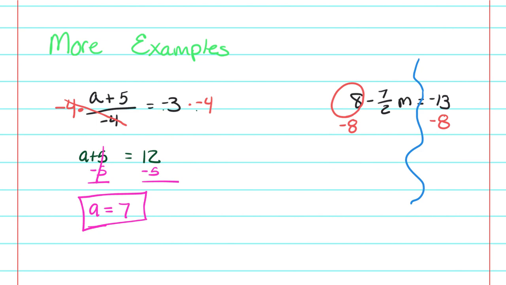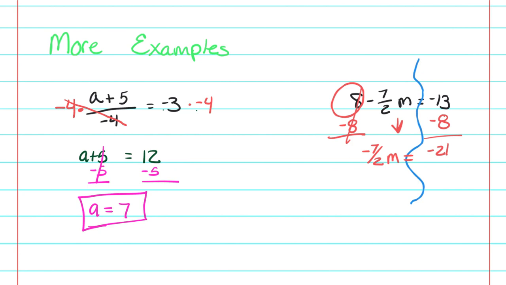Sometimes it helps people, sometimes it doesn't. If it does, feel free to do that. Those will cancel out. Negative 13 minus 8 leaves me with negative 21. Bring the rest of the information down. I have negative 7 over 2 times m equals negative 21.